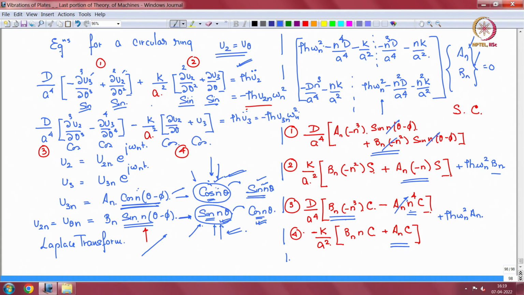We have omega n square here and omega n square here, so we get a fourth order. So let us see how it looks. In collected form, it looks like omega n to the power 4 minus k1 omega n square plus k2 is equal to 0.